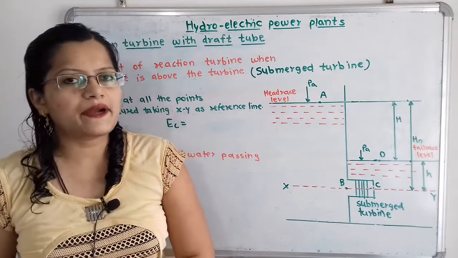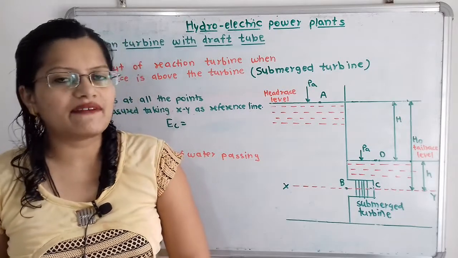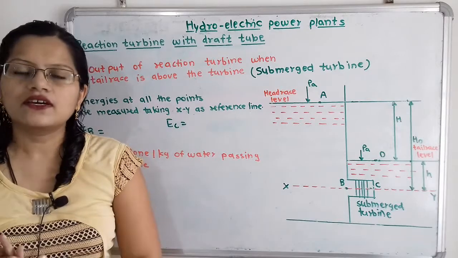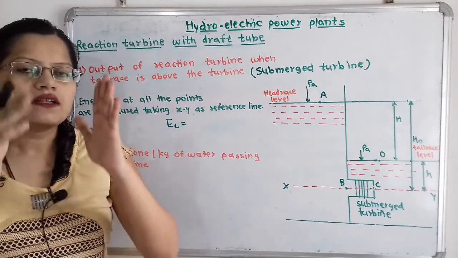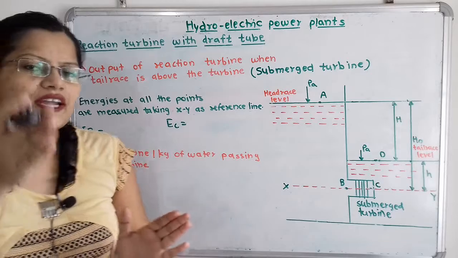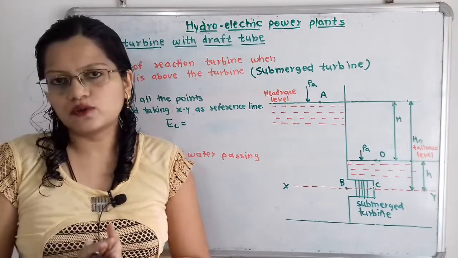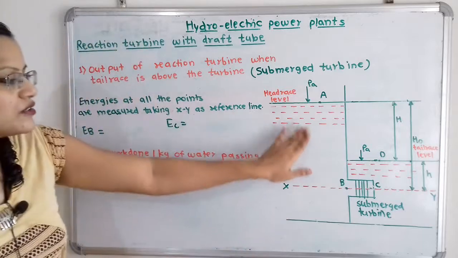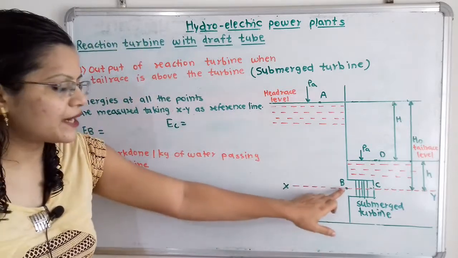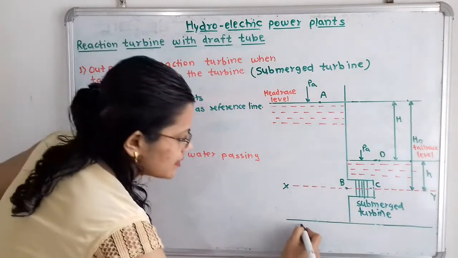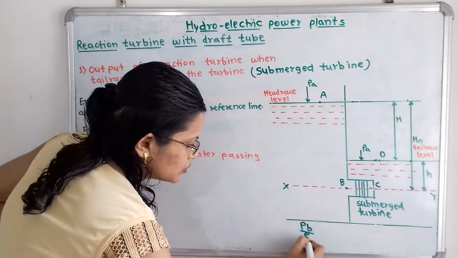The pressure at point B is PB. The pressure head we know is P by rho g. The kinetic head is V square by 2g. Now there is no kinetic head at point B, so only the pressure head is there.